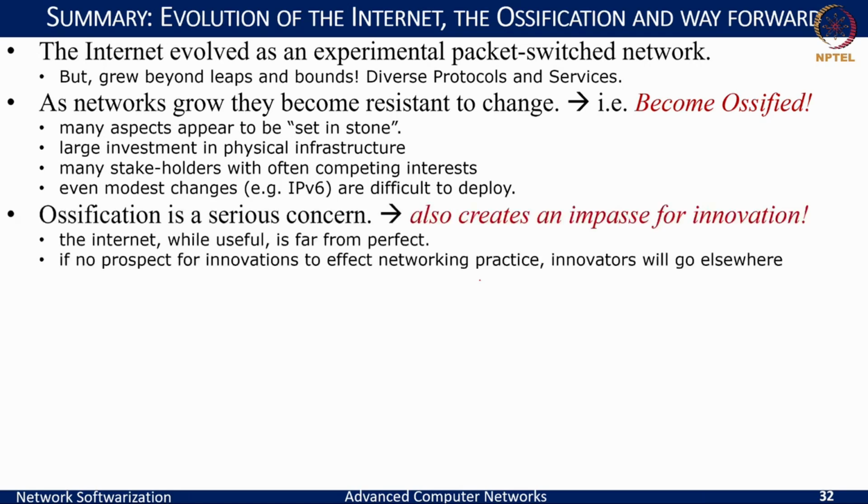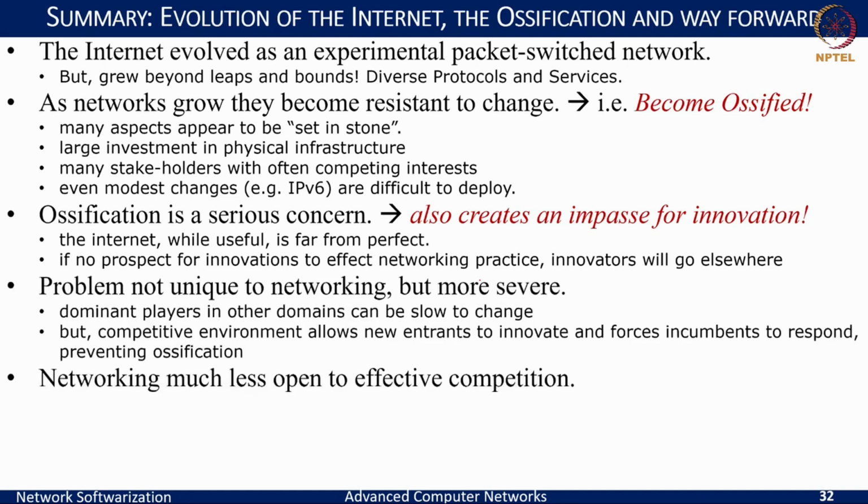And more so, this ossification is a serious concern, especially when we have a network that requires a lot of innovation, and especially when the network is far from perfect. Whenever we have to devise and design solutions to fix those imperfections, we also need to bring them into effect, experiment, and see how they can be brought out. But unfortunately, this ossification created an impasse for innovation.